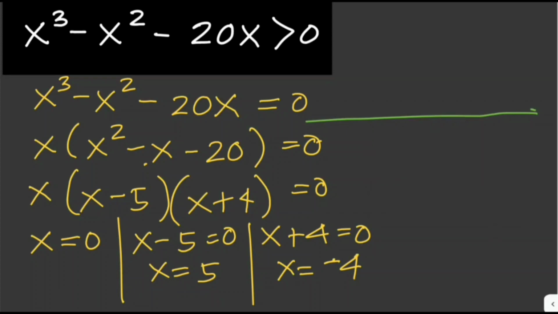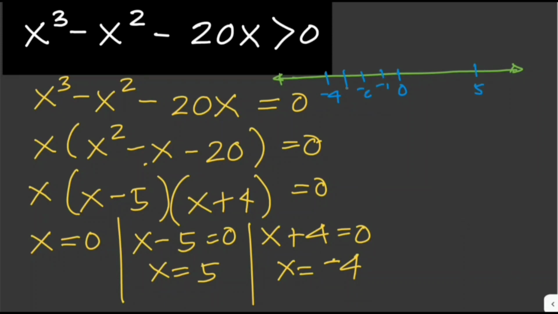So if this is our number line, we have 0, negative 4, and then 5, negative 1, negative 2, negative 3, 1, 2, 3, say 4, and this is 5. Since our inequality here is greater than 0, that means we look for solutions that are greater than 0 or positive.